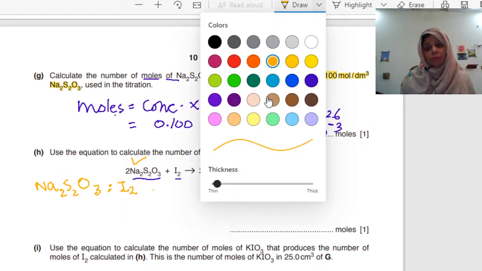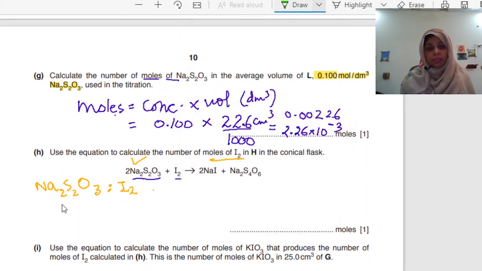If we know any moles, then we can compare with it. From the equation, 2 moles of sodium thiosulfate react with 1 mole of iodine. We have got 0.00226 moles of sodium thiosulfate.